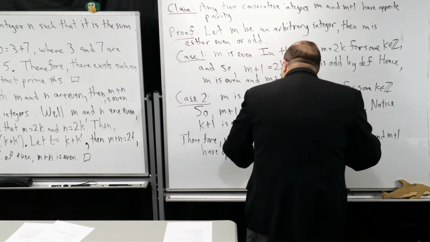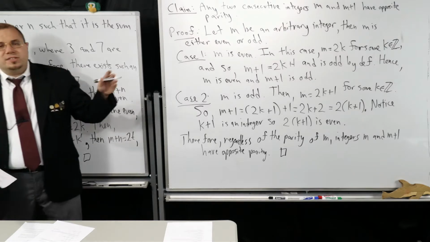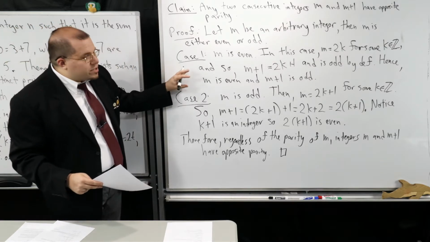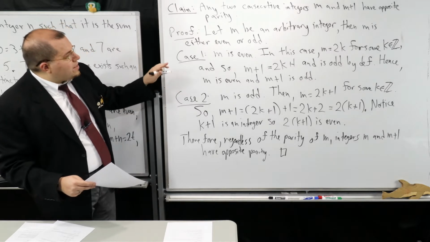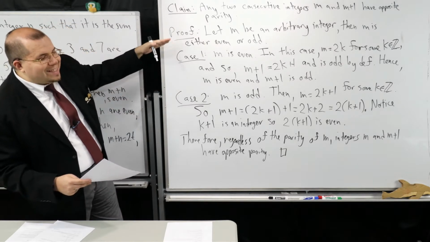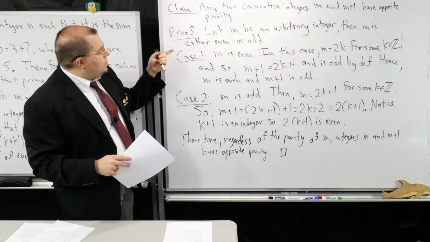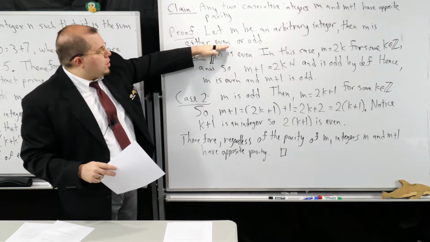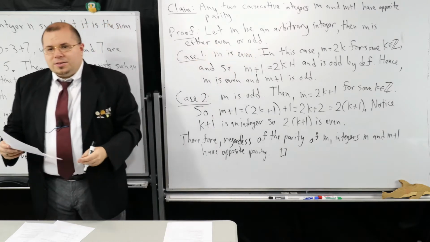And we're done. We've proven the claim. So notice how useful it is when we decompose it into cases, we can make more assumptions about what m is, but we rely on the fact that we've decomposed it into a complete listing of all the possible cases. So notice that I couldn't just prove this part. I have to prove that it's even or odd.